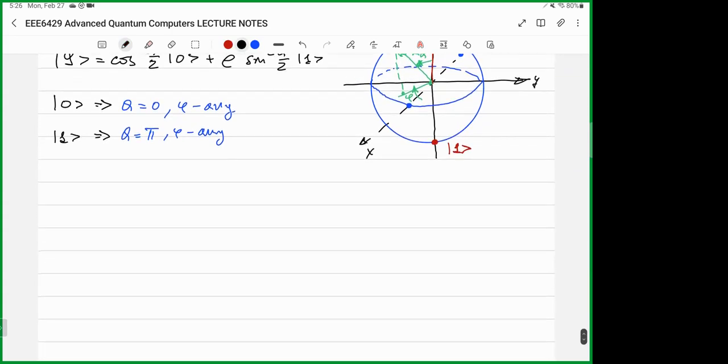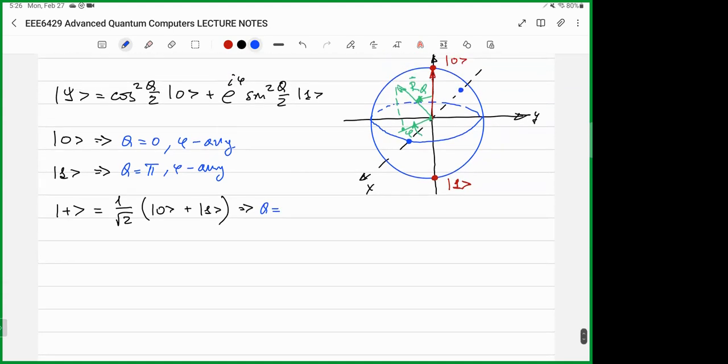Let's consider the superposition state, the state plus. I remind you that this is nothing but just the linear superposition of the state 0 and state 1. So in this case, what theta and phi do I need? My theta in this case is supposed to be equal to pi over 2, right?